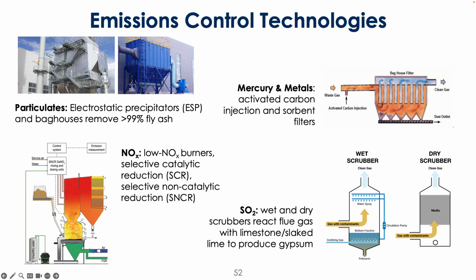You don't need to know specifics about these technologies, but in large part thanks to regulatory efforts by the Environmental Protection Agency over the years, a lot of these technologies have been introduced, right? These are all sort of externalities that normally a power plant operator or owner wouldn't need to care about without the presence of regulation.